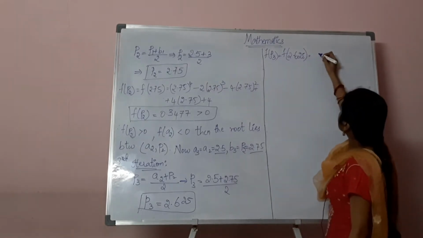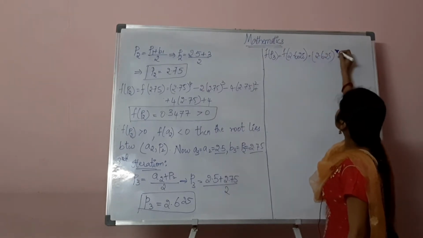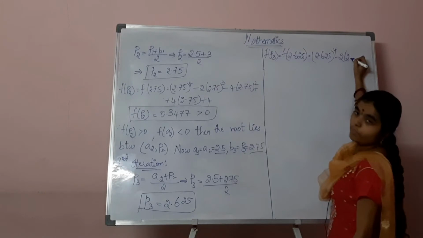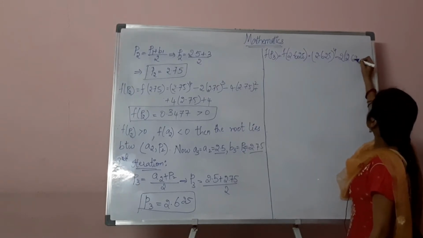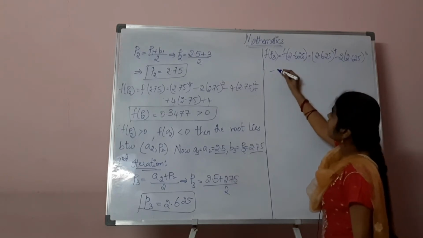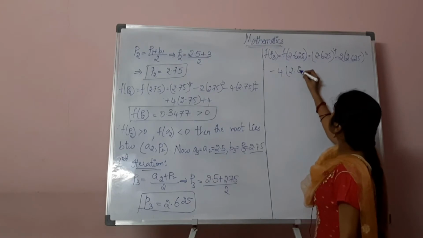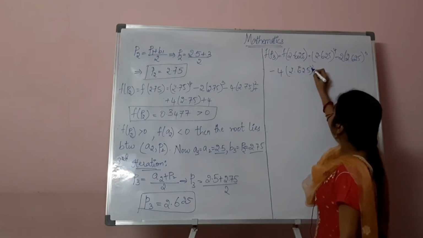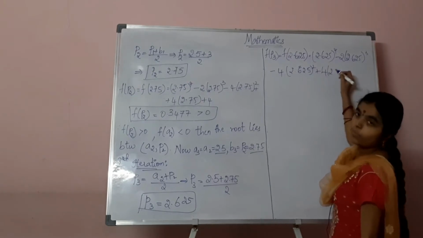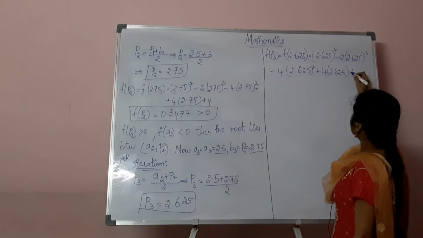So now 2.625 power 4 minus 2 into 2.625 whole cube minus 4 into 2.625 square plus 4 into 2.625 plus 4.